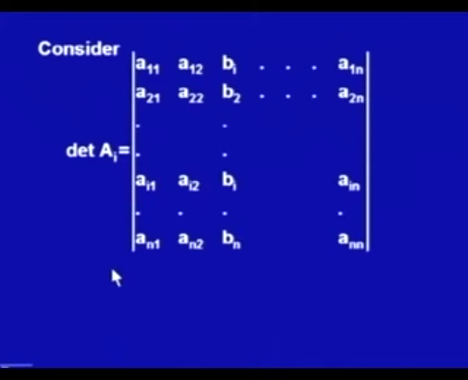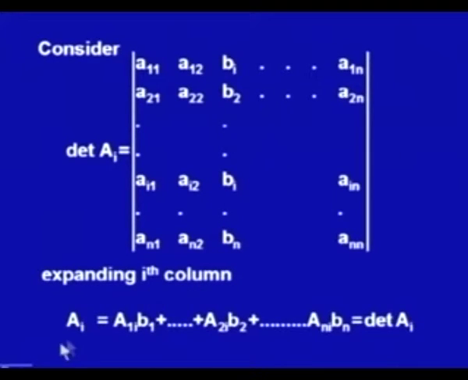To simplify this, if I expand this determinant along this column, then I know determinant Ai is equal to A1i multiplied by b1 plus A2i multiplied by b2 plus Aii multiplied by bi plus Ani multiplied by bn.